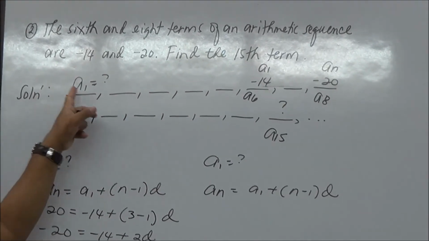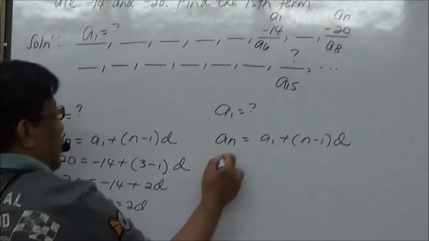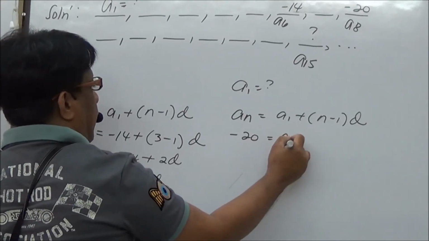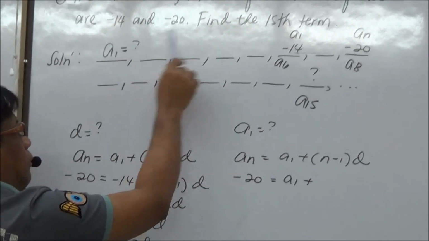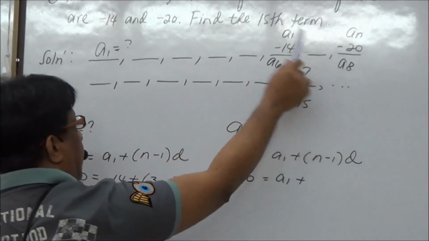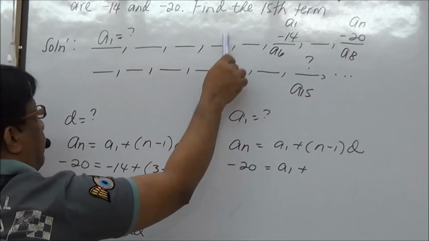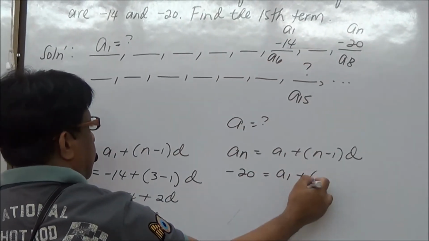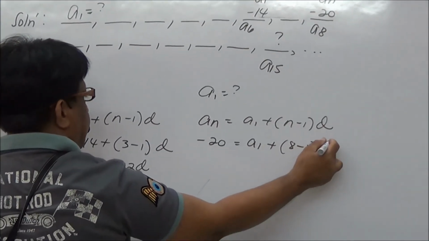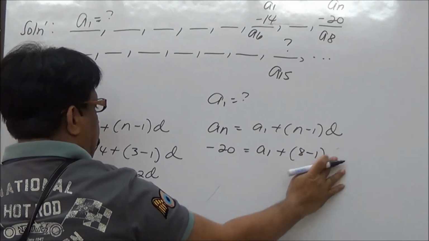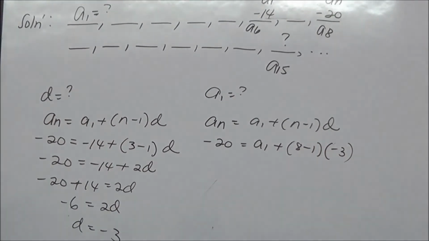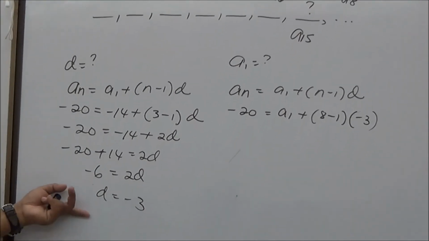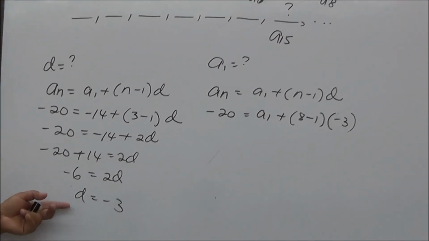Okay, so your an here will be still negative 20, and you have now a1 here plus how many terms do you have? So you count from a1 to a8. So how many terms? 1, 2, 3, 4, 5, 6, 7, 8. So that is 8 minus 1 times d. We have it as negative 3. Okay, so we have utilized the common difference negative 3.